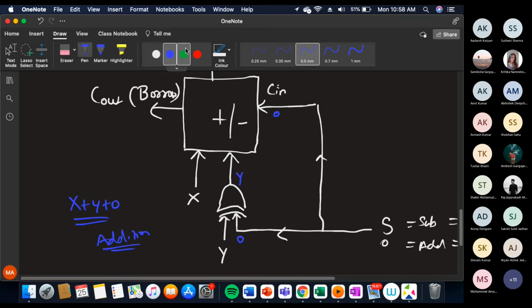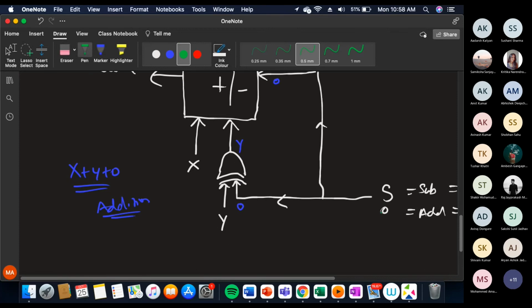Now I'll just change the color. In this case the sign is 1, so that 1 will go to Cin, and your Cin will become 1. Correct? It will also go over here and make one of the inputs of the XOR gate 1.